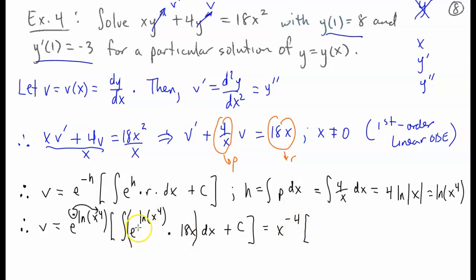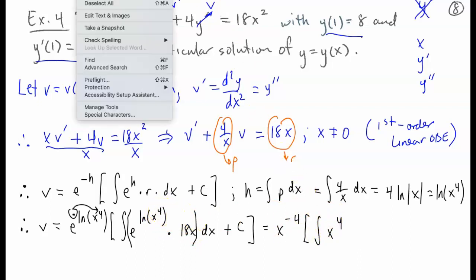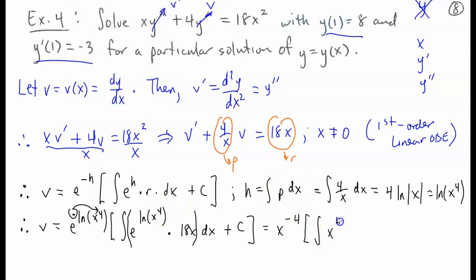And so inside here, with the integration, this is just going to be x raised to the 4 because of the logarithm properties there. Times 18x dx. And then that's plus c.